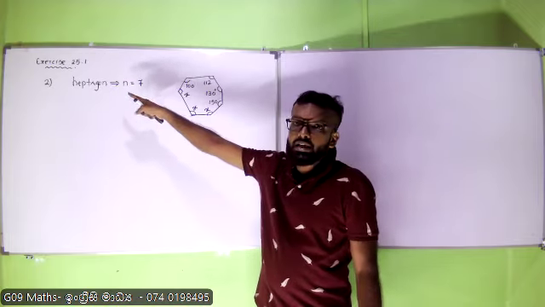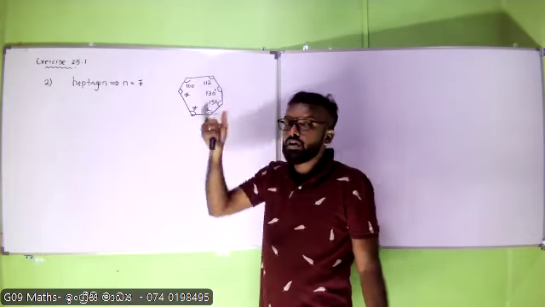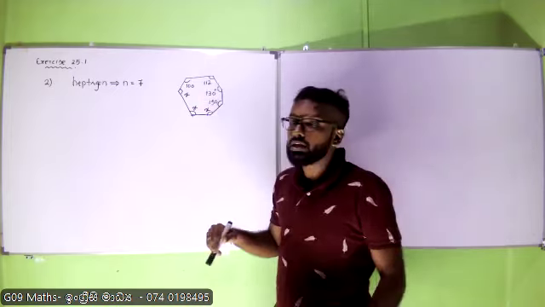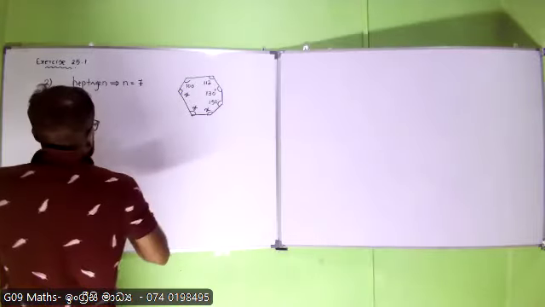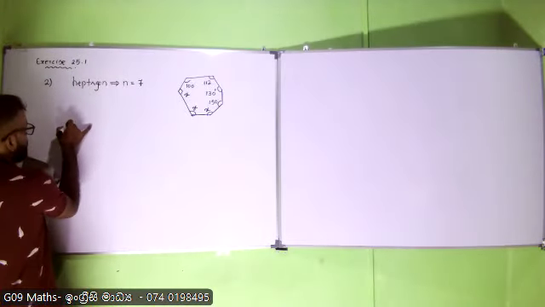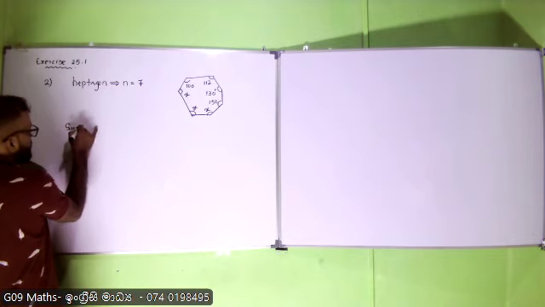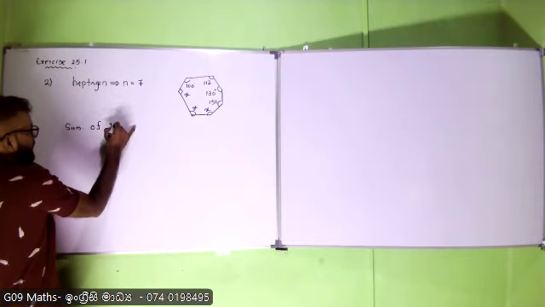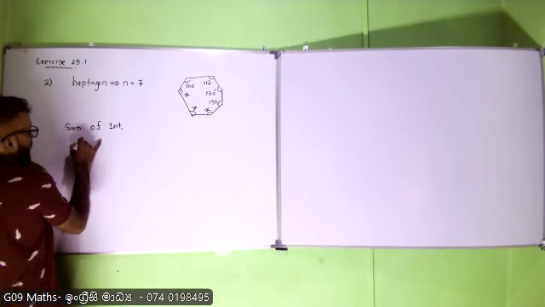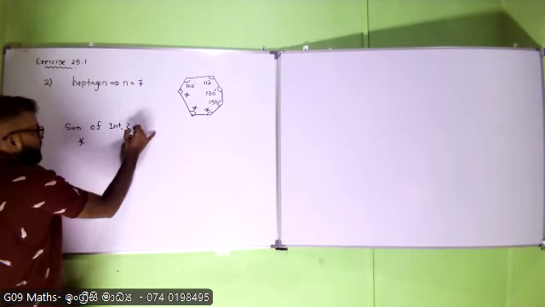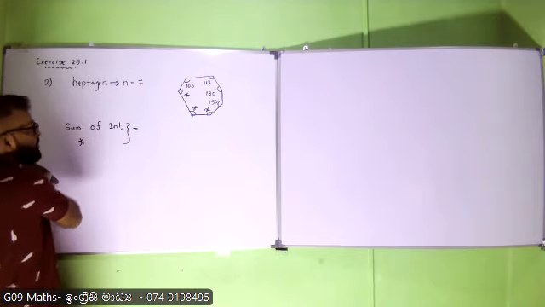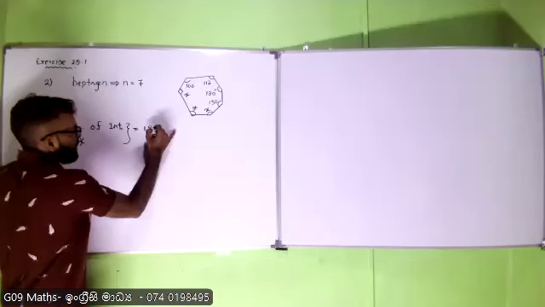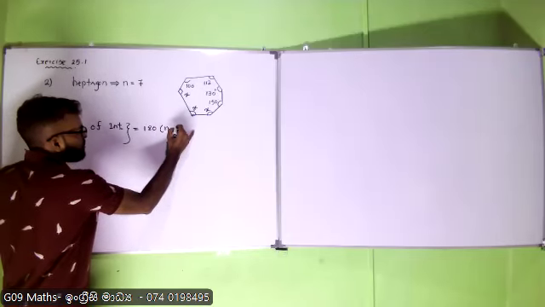So we know that it is a heptagon. Now we can find the total summation of the interior angles of this heptagon by using this relationship. Summation of interior angles equals 180 times (n minus 2).